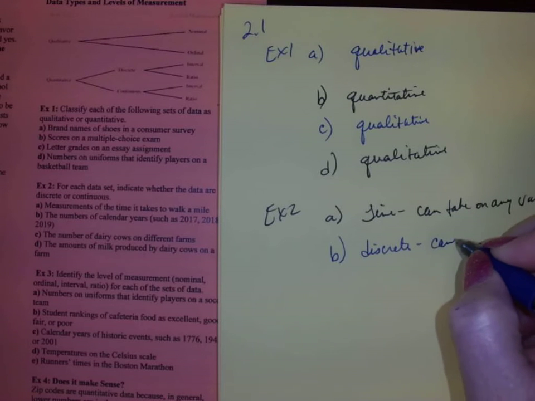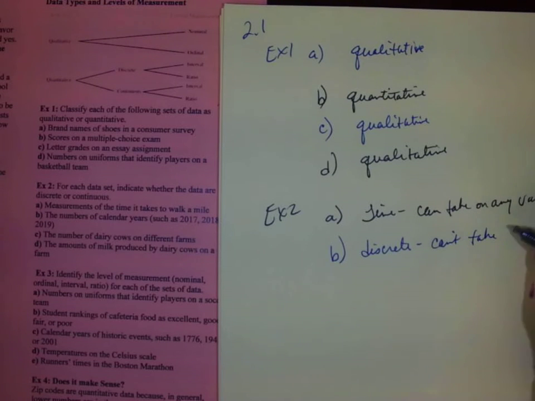Typically, you don't say like 2019 and a half. It's going to be 2019, 2020. So they don't have fractional values.